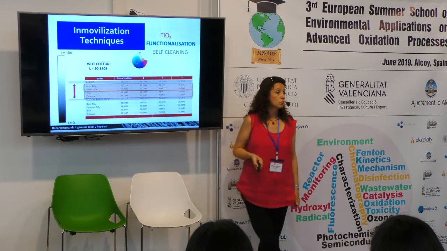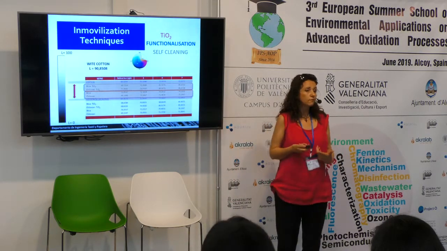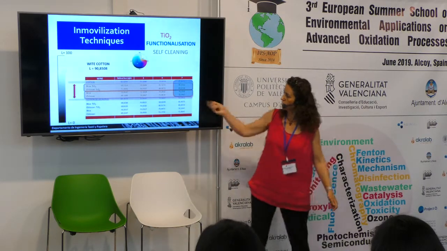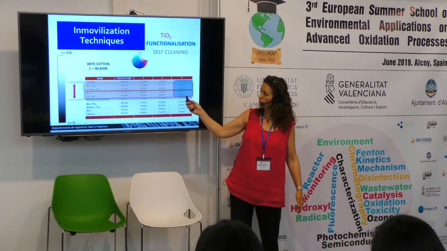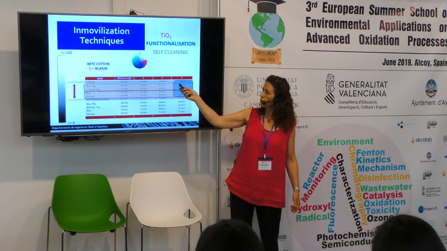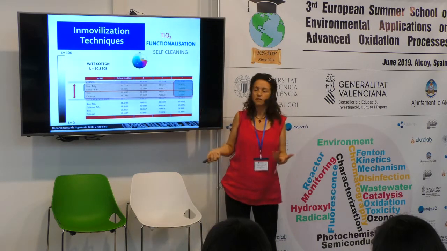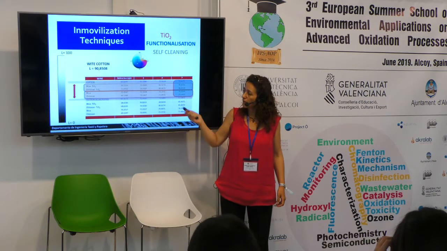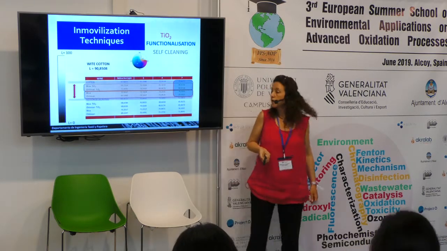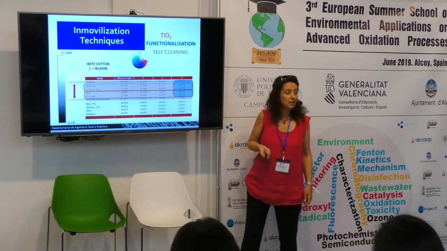And what happens when we have the fabric washed? This is what we can see, okay? That we've got 86 or 76. So this means that it has not acted. And what happens when we go to 10 laundries?